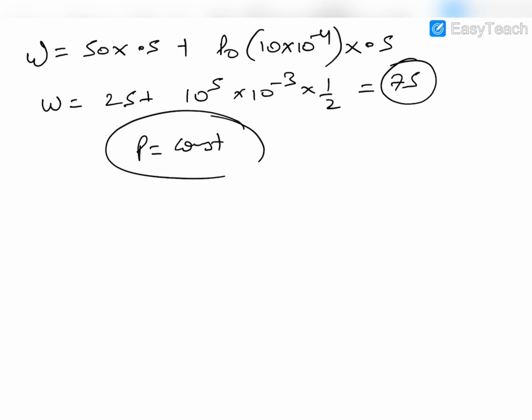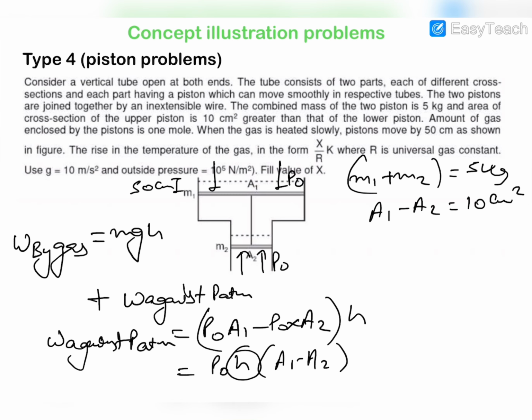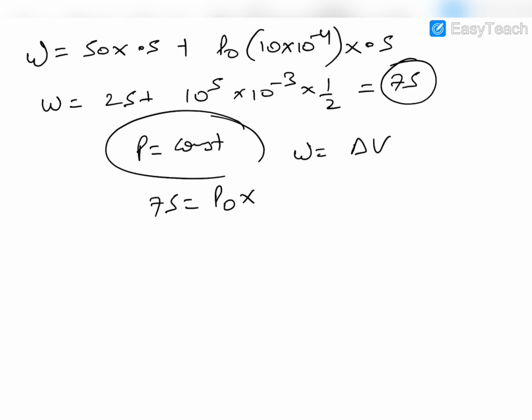So we can say that pressure of the gas will remain constant, and therefore the work done will be equal to P delta V. So work done is 75 and P is P naught, and we can say that P delta V is also equal to nR delta T.